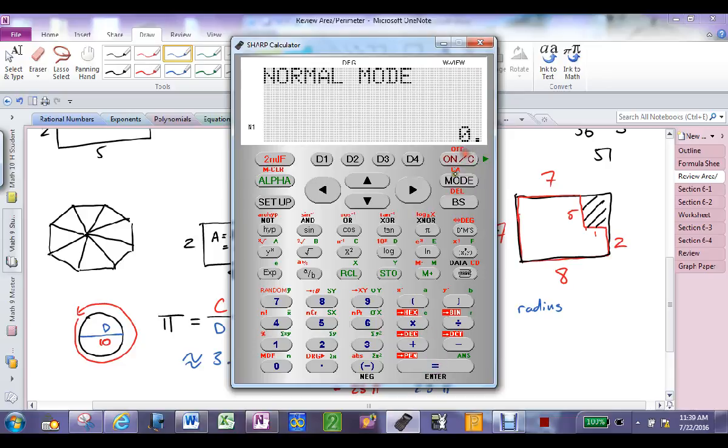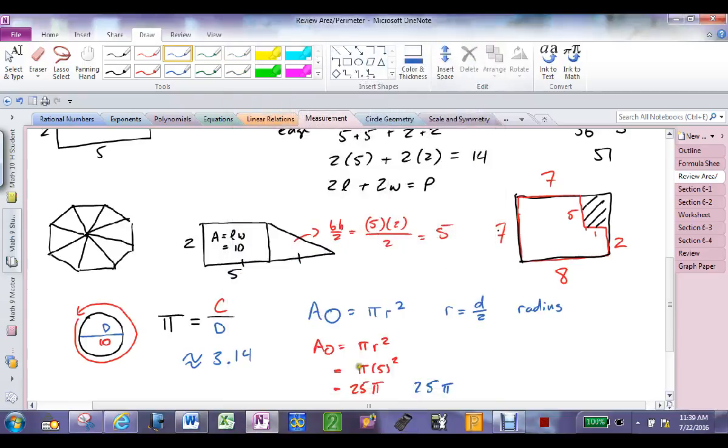You may have to do 25 times pi, and then do an answer. That's 78.539, and will that number go on forever? Yes, so we would round it to 2 decimal places. So this would be 78.54. Got it?